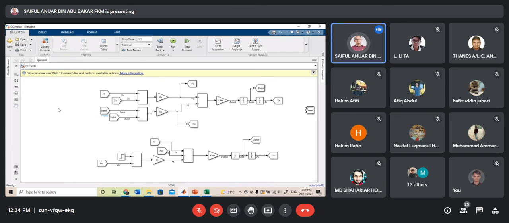So it's a good practice to have this kind of block arrangement. If not, you're going to have a haywire model, which will look complicated.